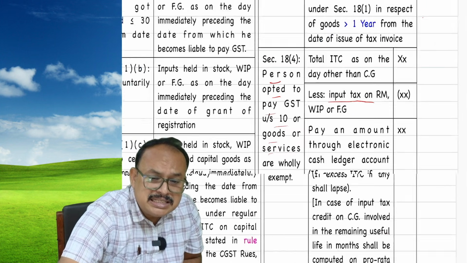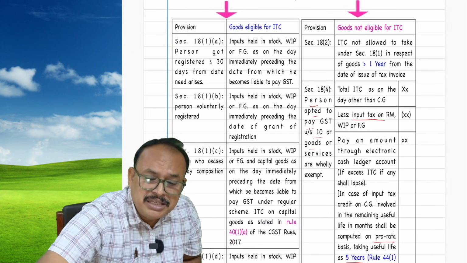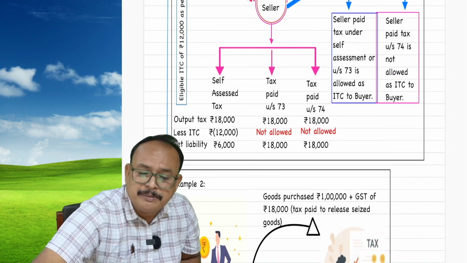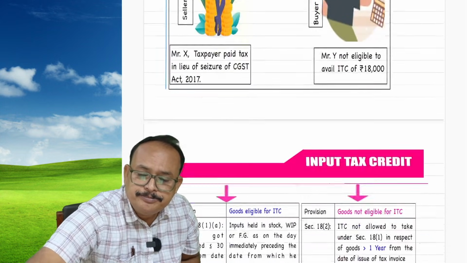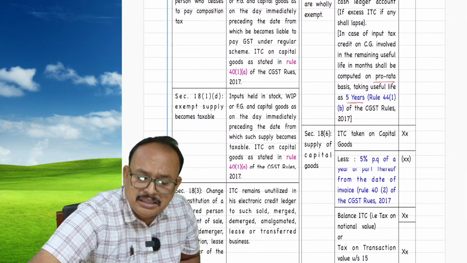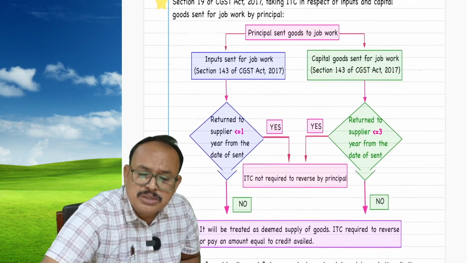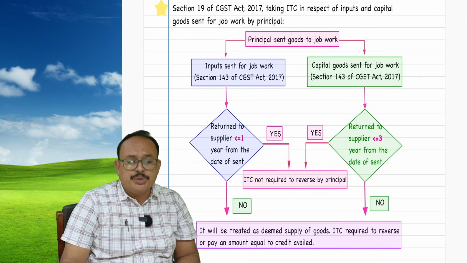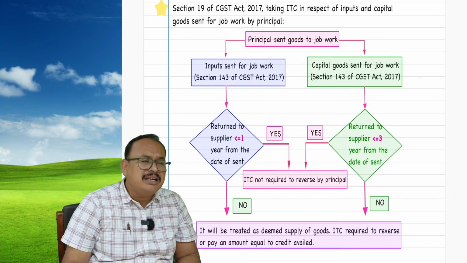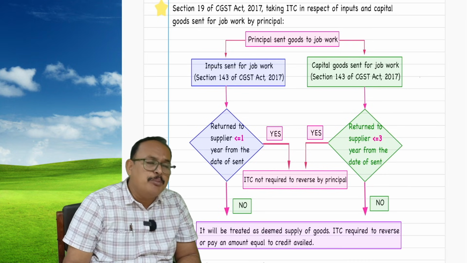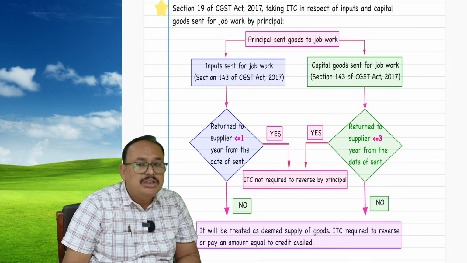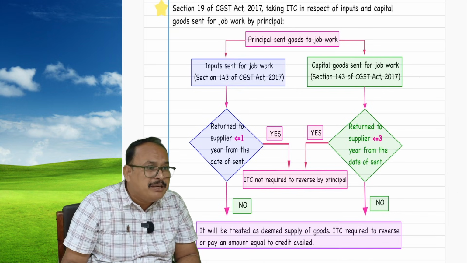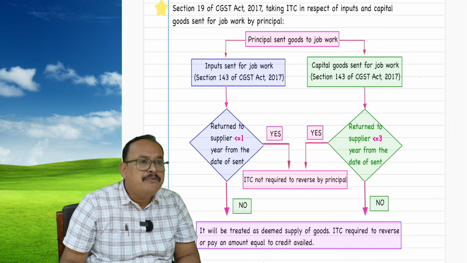Coming to section 19, which is nothing but the job worker. Section 19 talks about the job worker. If the goods sent by the principal to the job worker are input goods, ensure that after the process of job work, the goods come back to the supplier, the principal, within a period of 1 year from the date of dispatch.